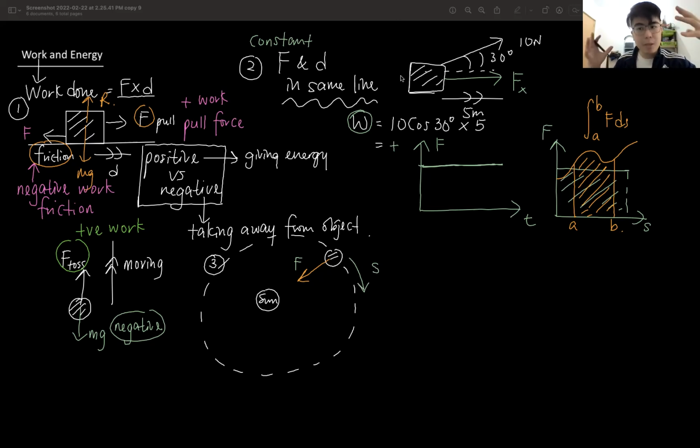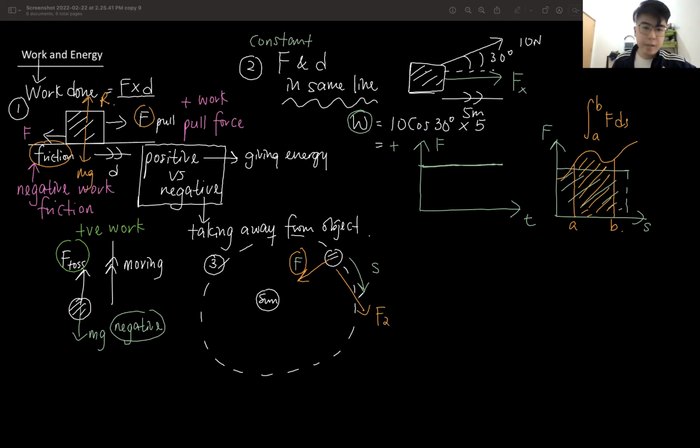Other forces might be doing work on it. Yes, but this F here is not doing any work on the Earth. Okay, let's say I have another force here, F2. Is F2 doing any work?